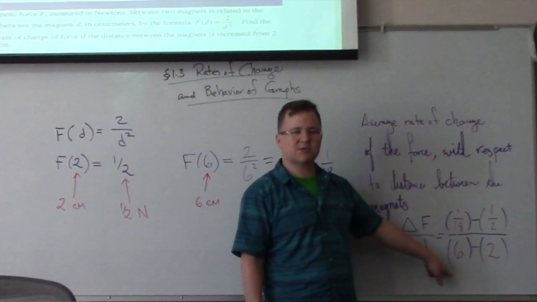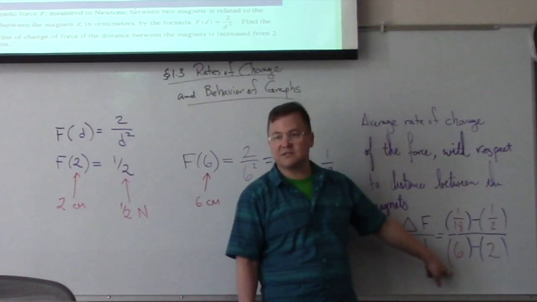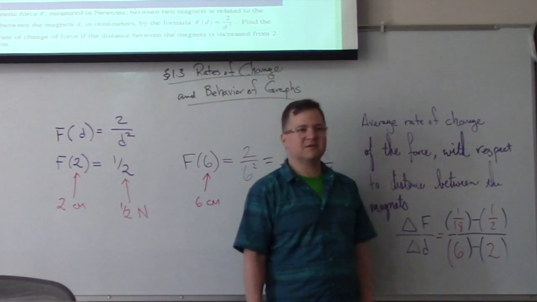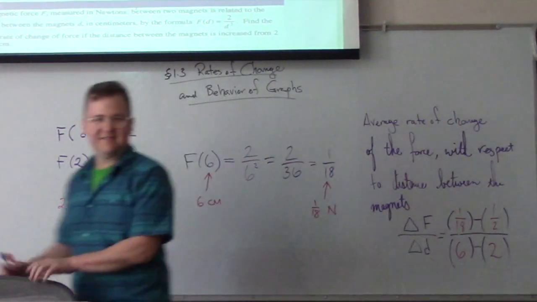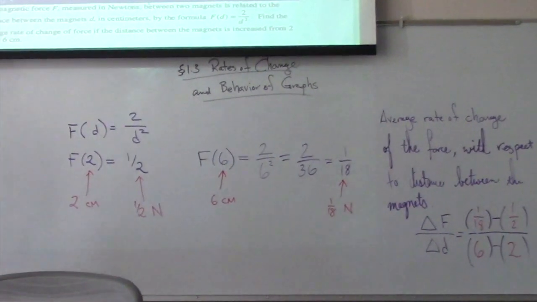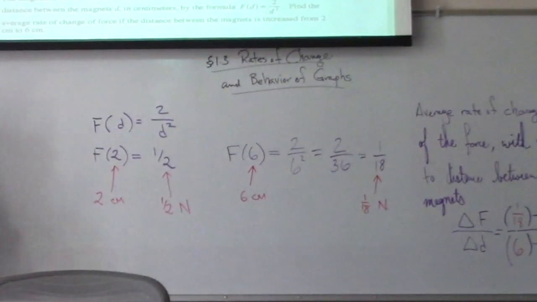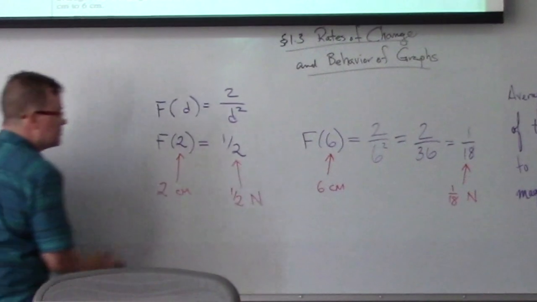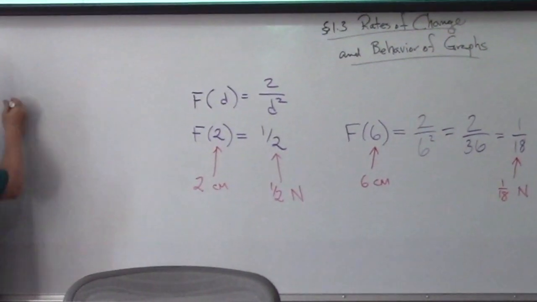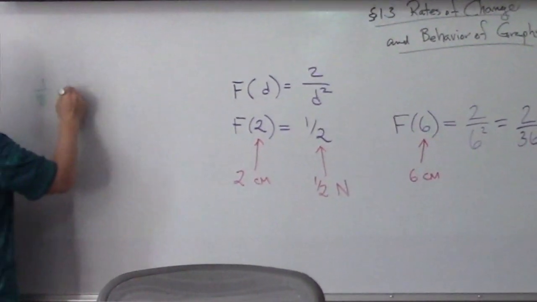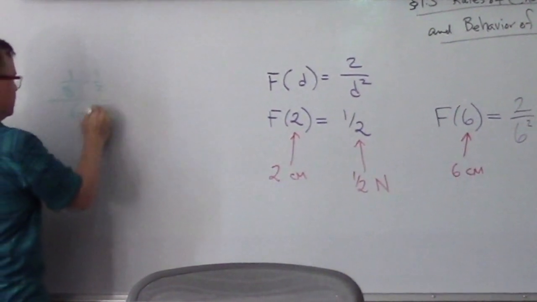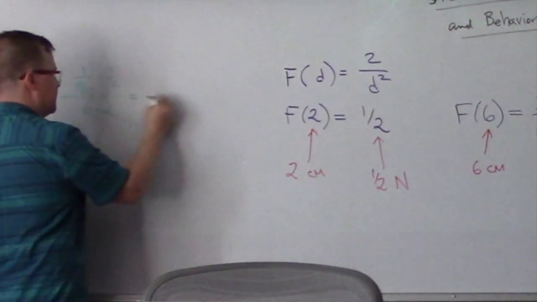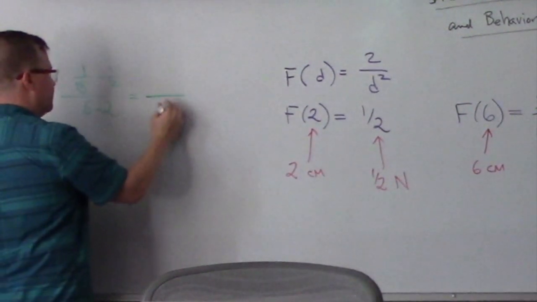So our rate, our final answer, will have units, and the units for that number are going to be newtons per centimeter. The denominator is the easy one, right?